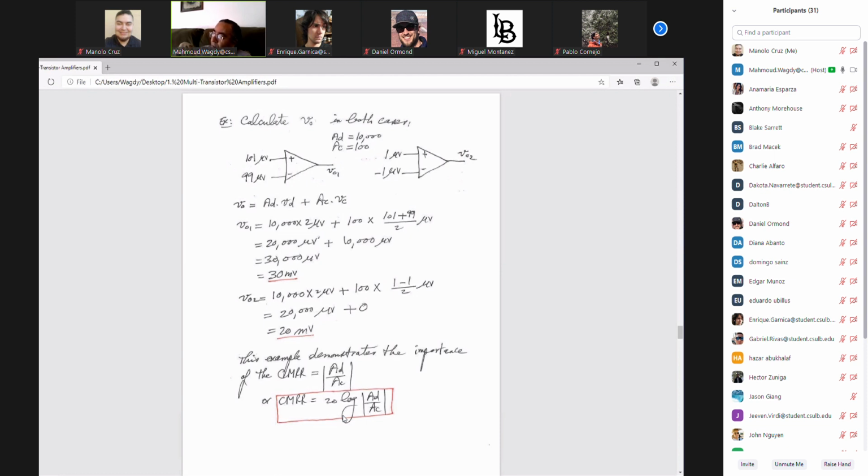Typically, for single stage amplifiers, a ratio of 20 or 30 decibels is typical. For a two-stage amplifier, you can probably reach 60, 70 decibels. For a three-stage amplifier, you could probably reach 100 or 120 decibels.